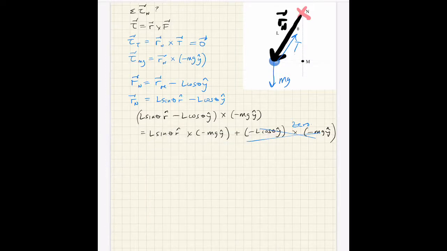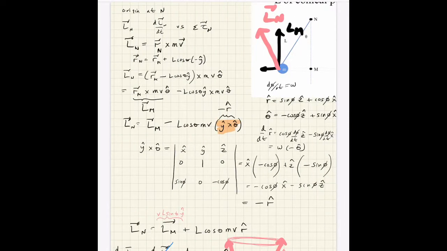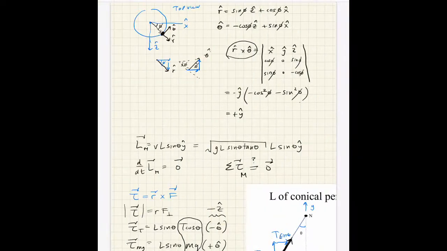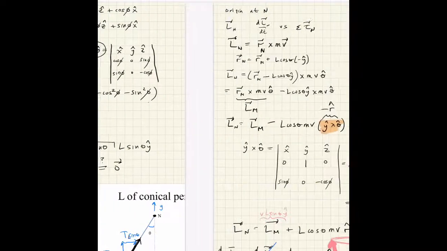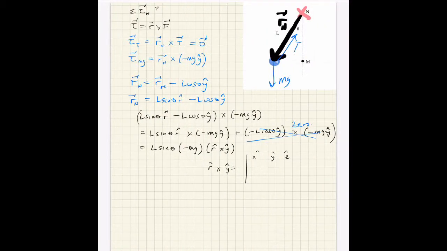Okay, so this cross product is going to give me L sine theta times minus mg times R hat crossed with Y hat. So let me get my R hat out here. X, Y, and Z. R hat crossed with Y hat. Did we do that one already? No, I don't think so. Doing it.